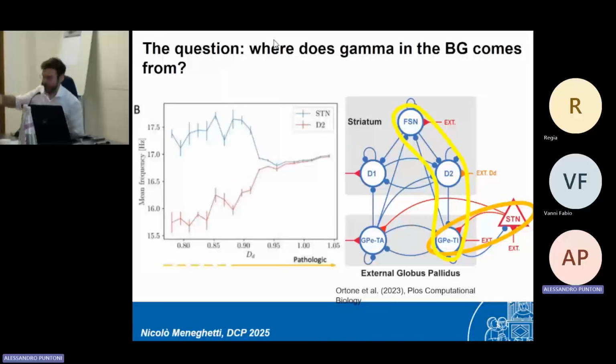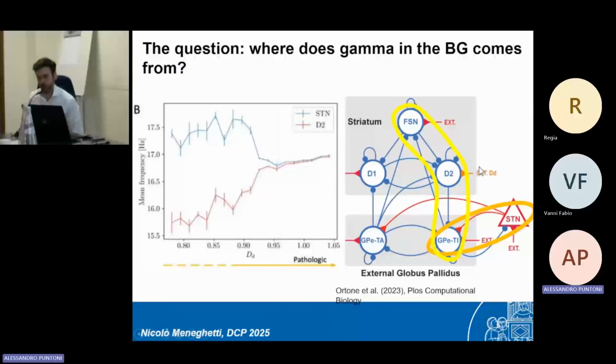One last introduction is about what dopamine depletion is, at least in this model. Dopamine depletion in Parkinson's disease comes from the nigrostriatal degeneration of dopaminergic neurons. And from the point of view of the dynamics we are interested in, experimental results suggest that it comes from an imbalance between D1 and D2 striatal populations, in which, when dopamine depletion occurs, D1 lowers its firing rate, while D2 instead increases.